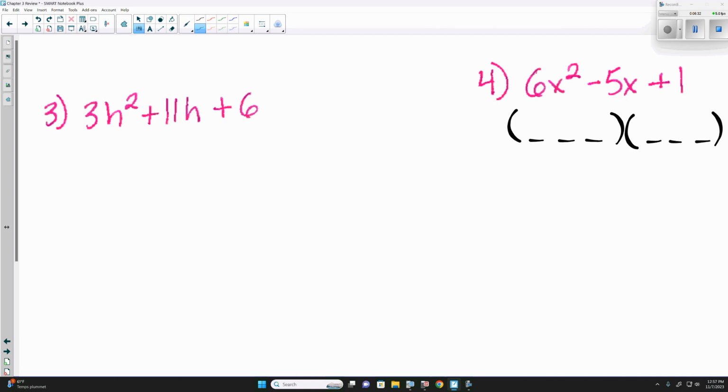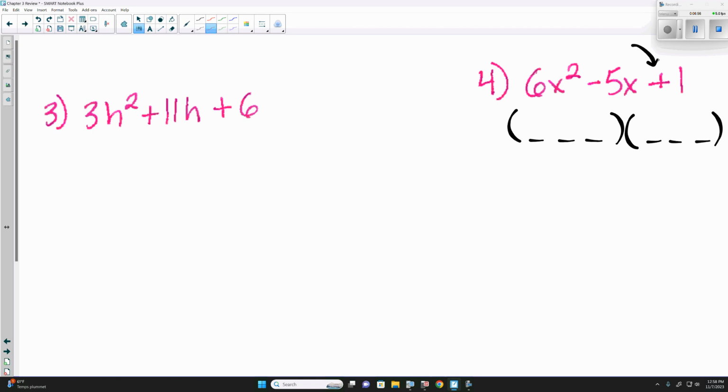Okay, well, that takes care of steps 1 and 2. Step 3, find the signs. If the third term is positive, then the signs are the same and match the sign of the middle term. If the third term is negative, the signs are opposite. So here, the third term is? So it's positive, yes? Third term's positive?